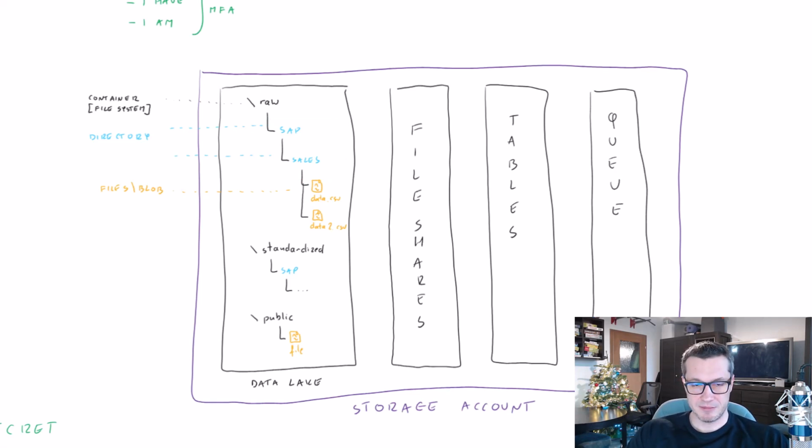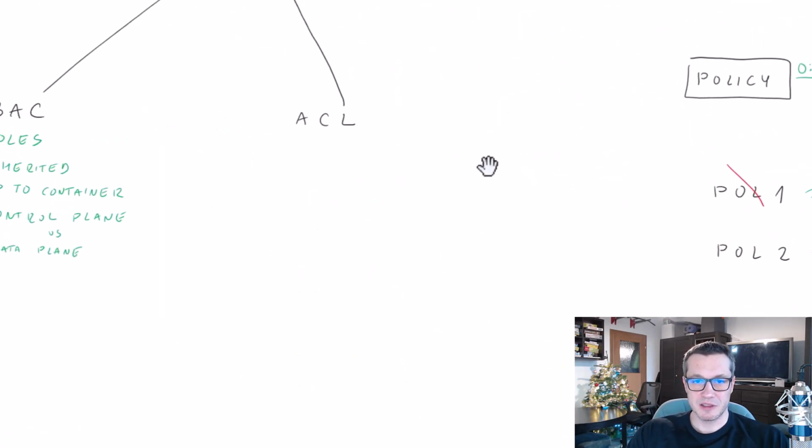Which again means that in the case of them, we cannot use ACLs because those objects do not exist. So that's the first thing to be aware of, that ACLs can be used only in case of data lake. But usually it's not a big issue because we want to use data lake because we know its advantages and the reasons why we want to use it.